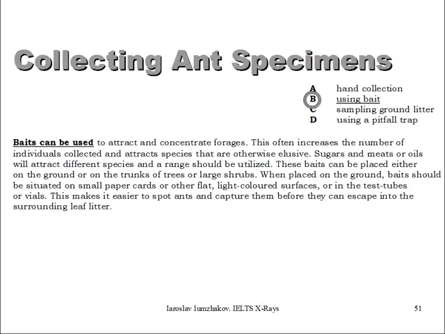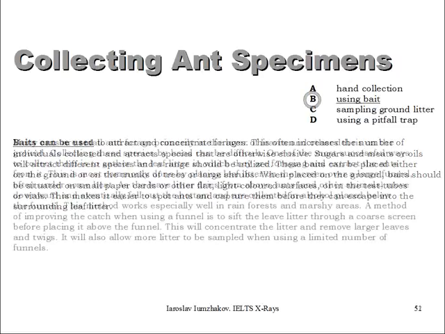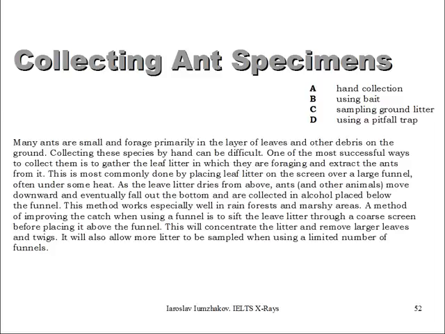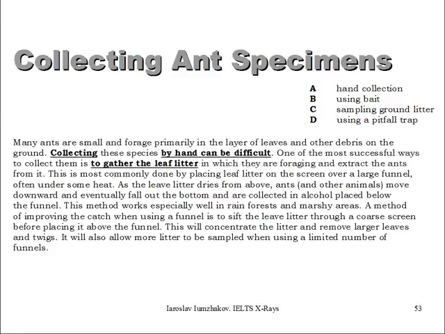The fourth paragraph. First we spot collecting these species by hand can be difficult, and we understand that it is all about something else. And reading further, we get the leaf litter, and we match C, sampling ground litter, and the paragraph.